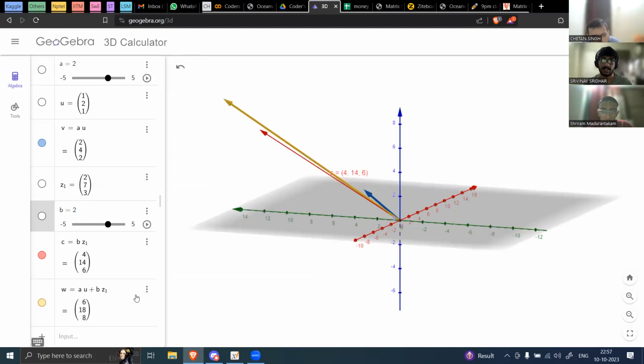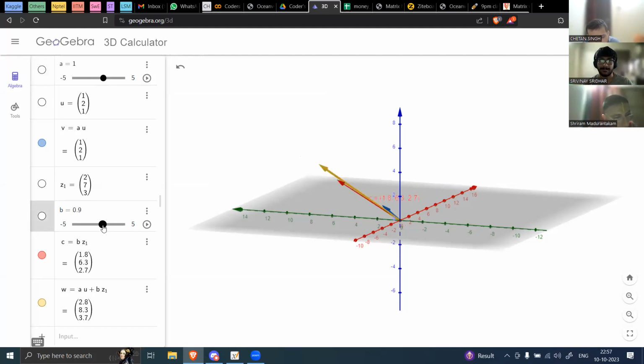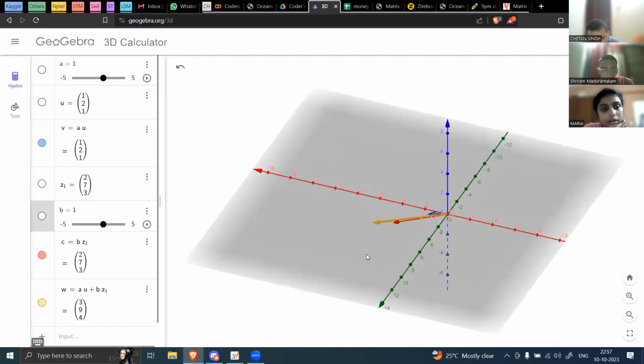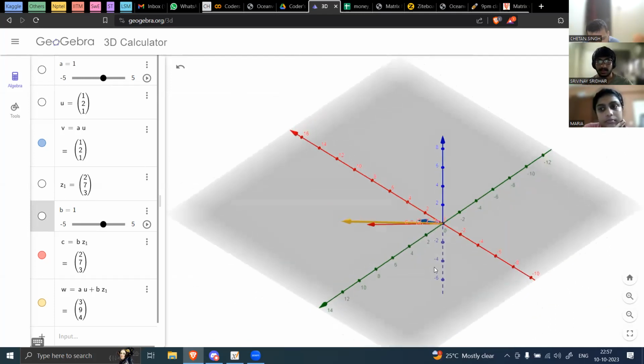Is C actually required? No, I'm just showing it because blue plus red gives us yellow, right? The blue vector plus the red vector gives us the yellow vector.